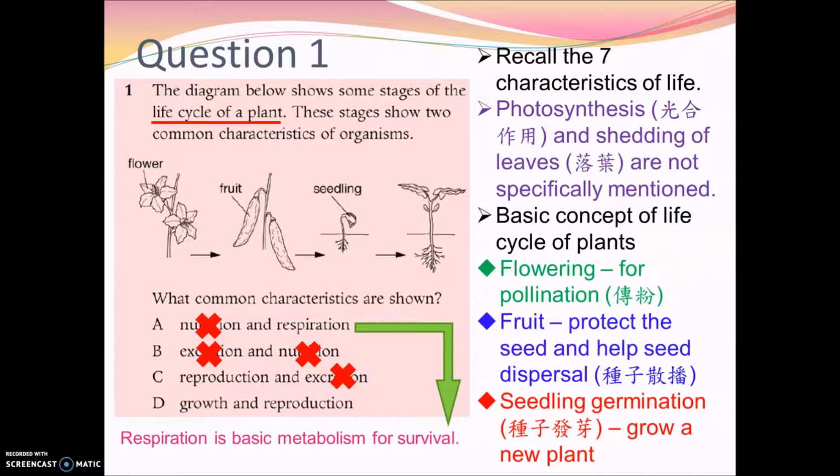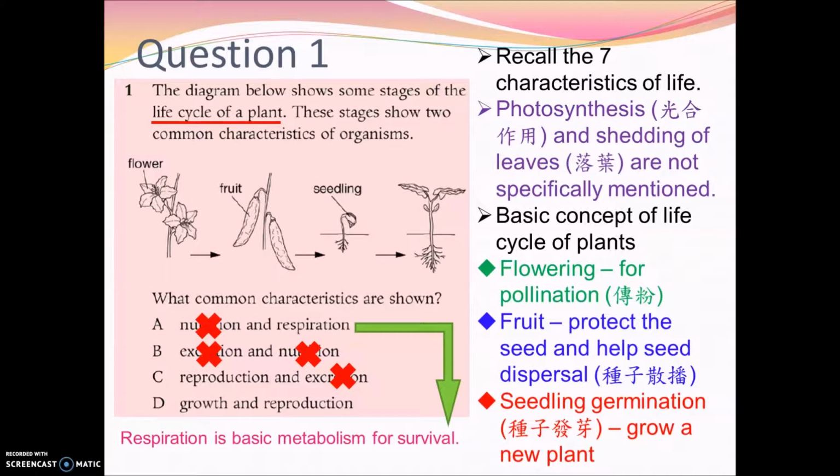We know that for the flower, okay, it's a very important process for pollination. The transfer of the pollen grains from one flower to the other flower, or maybe back to the same flower, okay. We shall talk about it in plant reproduction. And then for the fruit, it protects the seed, and also it may help the seed dispersal.